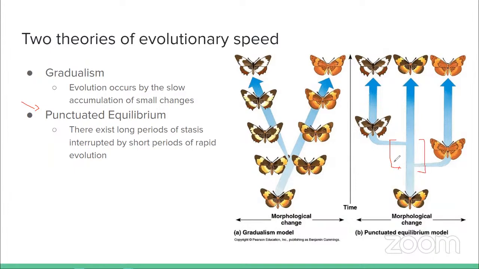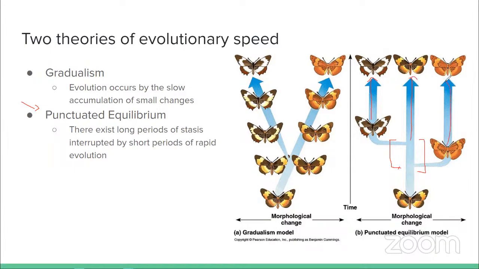Not rapid in terms of our lives, but geology rapid. So in punctuated equilibrium, we expect our splits to be close together and to rapidly see this appearance of new organisms, but then continue in similar form for a much longer period.